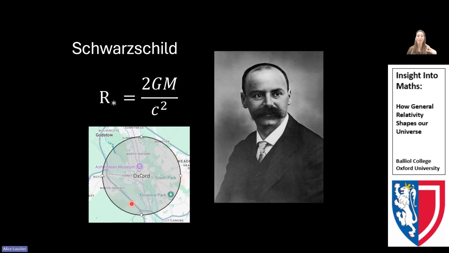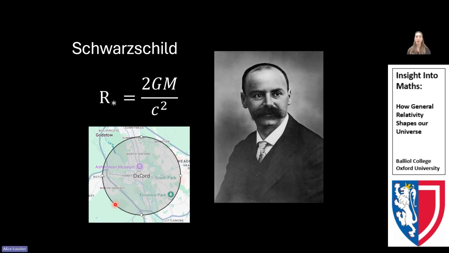I'm basically saying that if I'm able to put all the mass of the sun within Oxford, that would give me a black hole, and the light wouldn't be able to escape. So that's very, very, very dense. Another example, if I take the mass of the Earth instead, this radius would be the one of a marble. So I really need a region of space-time with an extremely large density.